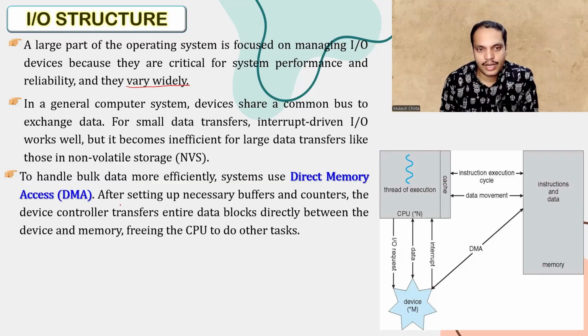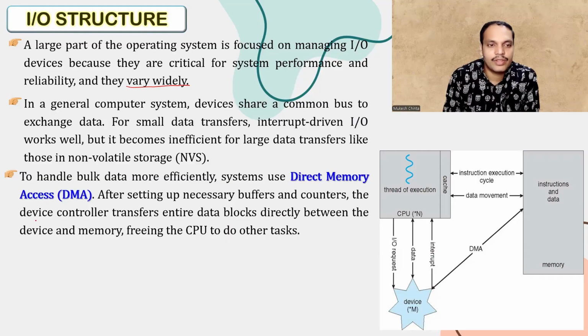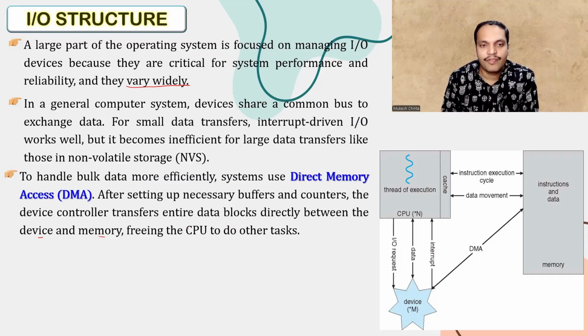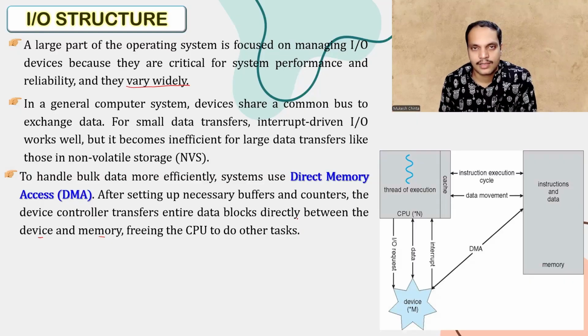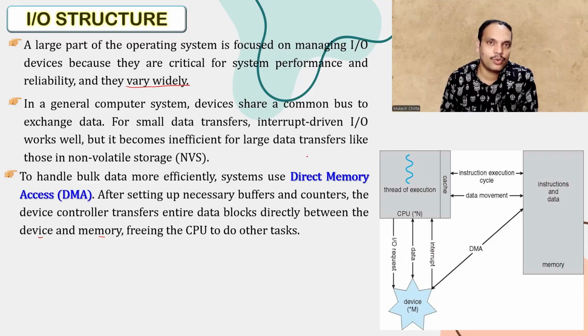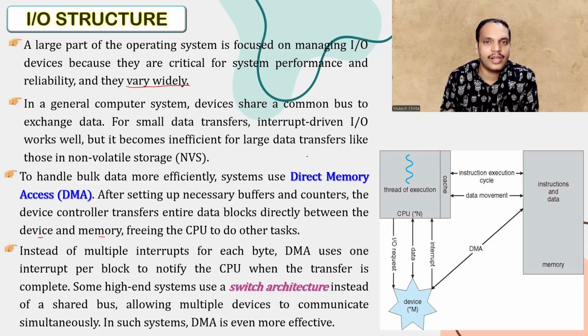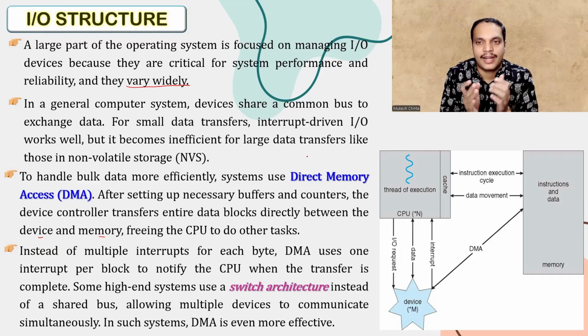So ఇదేం చేస్తుందంటే once you set up the necessary buffers and counters, the device controller transfers the entire blocks of data directly between the device and memory, freeing the CPU to do other tasks. అంటే ప్రతి బయటికి నేను ఇంటరప్ట్ రైజ్ చేసి CPU ని ఆపి CPU చెప్పడం కాకుండా, rather than doing lot of interrupts, I will only raise an interrupt after completing a full block of data transfer.